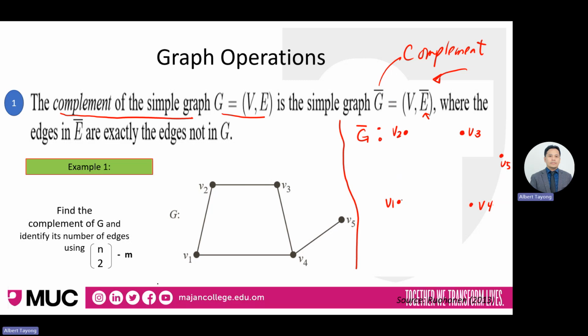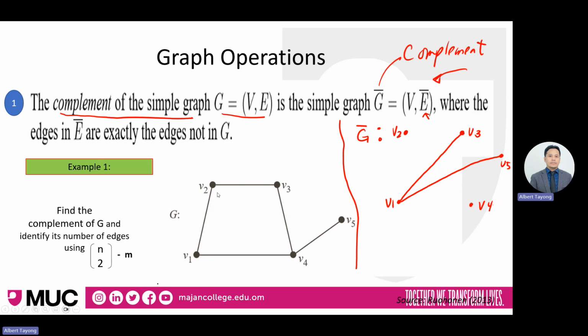So let's draw that. The line from V1 to V2 is deleted now. We don't have this line. And our line from V1 to V4 is also deleted.